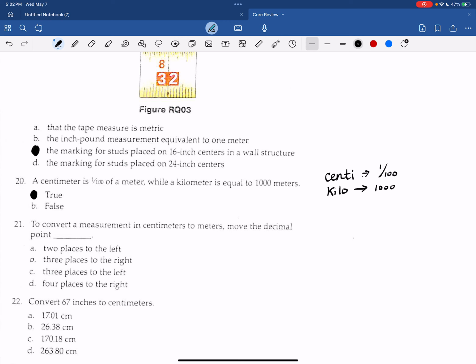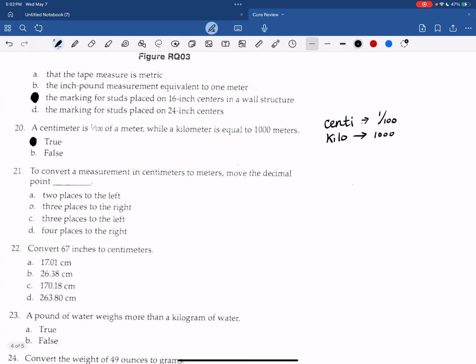To convert a measurement in centimeters to meters, move the decimal point blank. Well, here we go. I'm going to have to explain King Henry. So, if you can remember this sentence, my King Henry died, and actually I'm going to leave out my for this one.